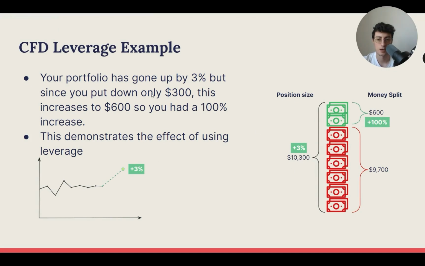Since I only put down $300, this is now increased to $600, because the borrowed amount of money, which is the debt, doesn't change, but the overall position size has changed. All that gain goes to our personal money, or our personal equity/margin. So now you have a 100% gain on the original $300 that you invested, since it now goes up to $600. You've doubled your money.